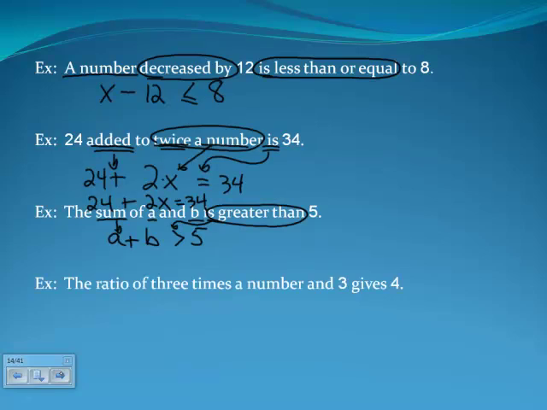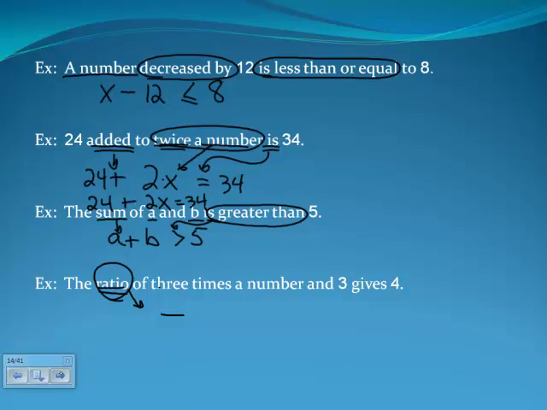The ratio of 3 times a number and 3 gives 4. Ratio is a key word for division. But usually ratio is more accepted if the division is written as a fraction. So I'm going to write it as a fraction, but recognize it is division, so if you use the division symbol, that wouldn't be wrong. But I'm going to use a fraction to represent my ratio. So division, what are we dividing?